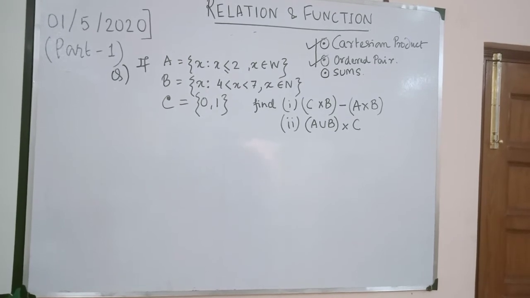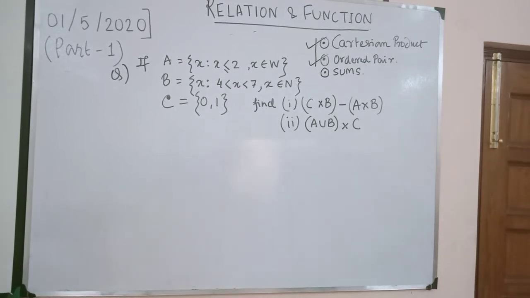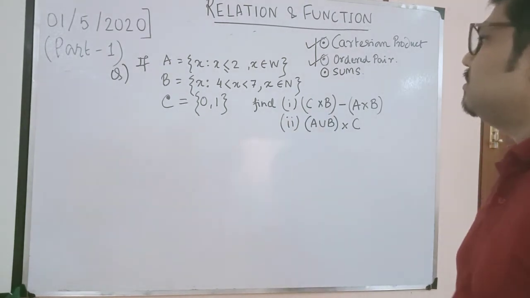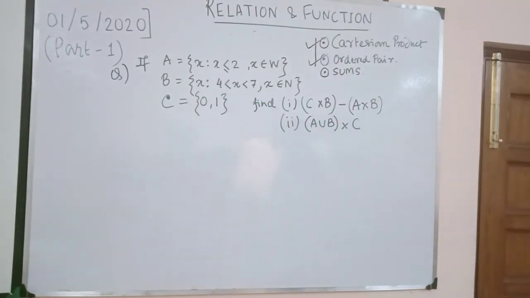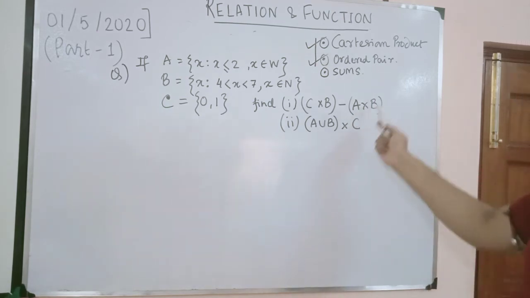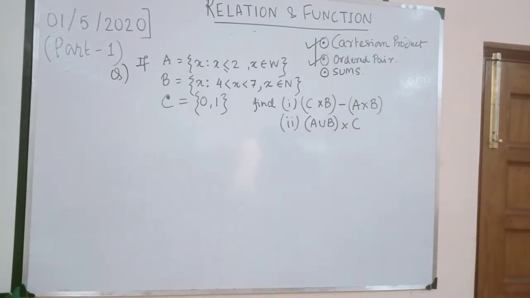Okay, here I have written a sum that will also involve a little bit of the knowledge from the previous chapter, set theory. So we are given three sets, A, B and C, and we have to answer two questions: C cross B minus A cross B, and also A cross B union C. These are the two questions given to us.